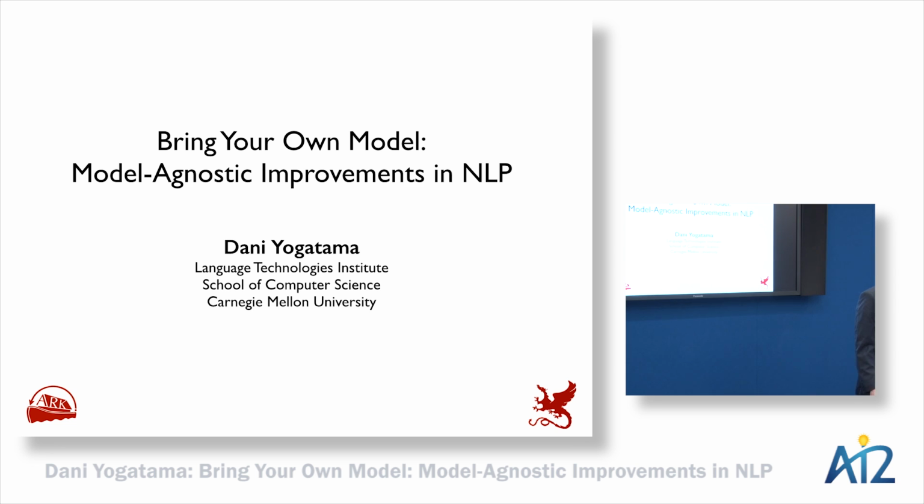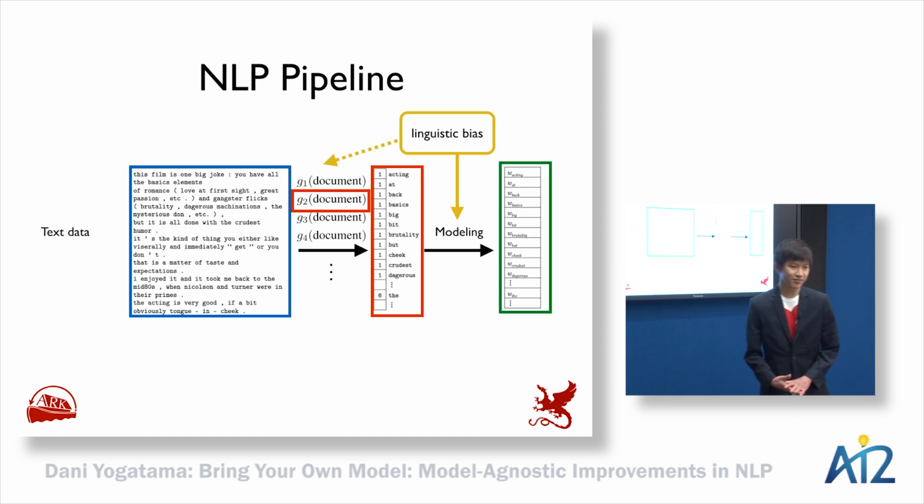Okay, so before we get into that, I would like to talk about what I mean by model-agnostic. Let's say that we have an NLP system or an NLP model, and we want to improve the performance. Here's a typical NLP pipeline. We usually have text data, so this could be a corpus. Then we need to use this text as an input to our machine learning model.